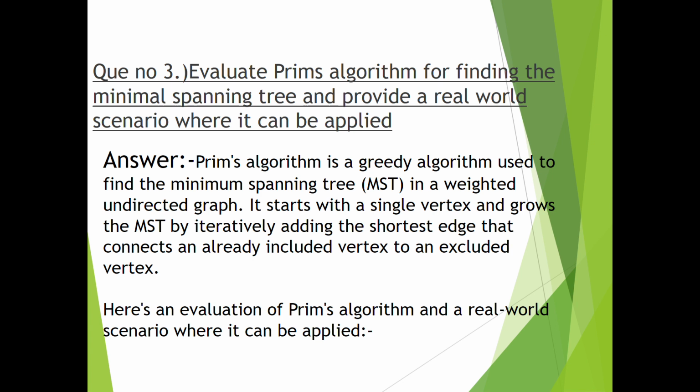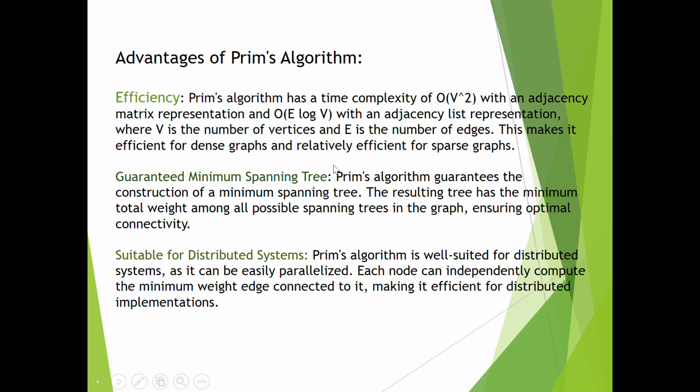Here is the evaluation of Prim's algorithm and a real world scenario where it can be applied. There are some advantages here. Efficiency: Prim's algorithm has a time complexity of big O of V squared, where V is the number of vertices, with adjacency matrix representation, and big O of E log V, where E is the number of edges, with adjacency list representation.